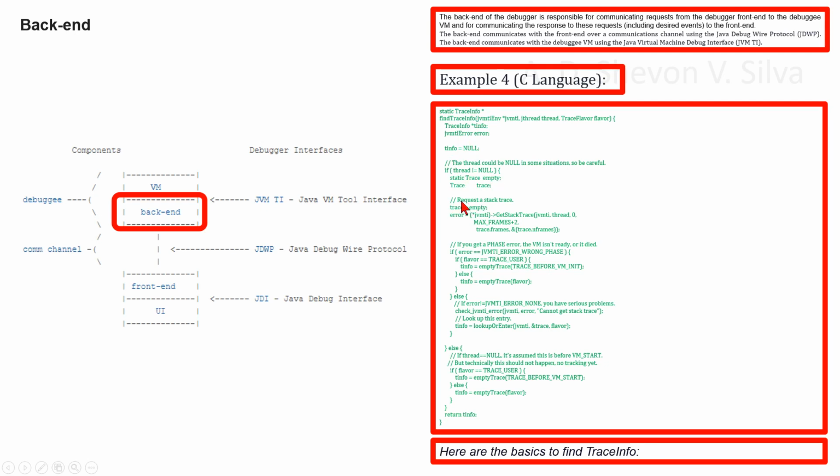Here the request stack trace. If you get a phase error, the VM isn't ready or it died. If error not equal JVMTI_ERROR_NONE, you have a serious problem.